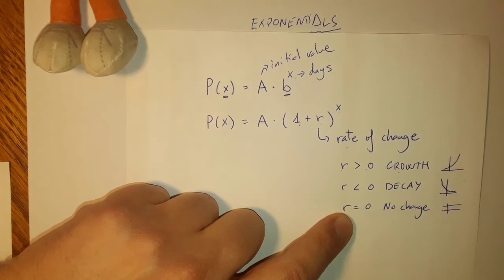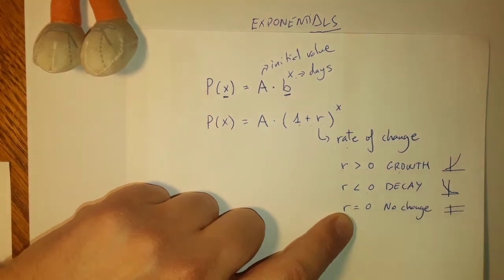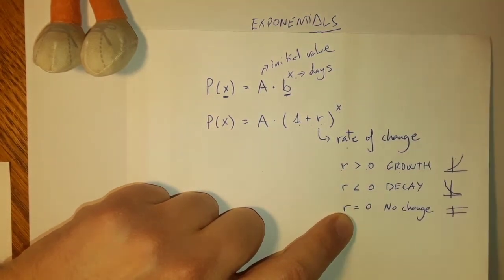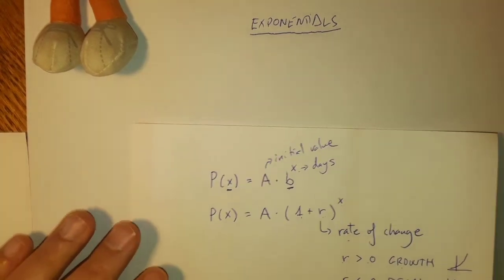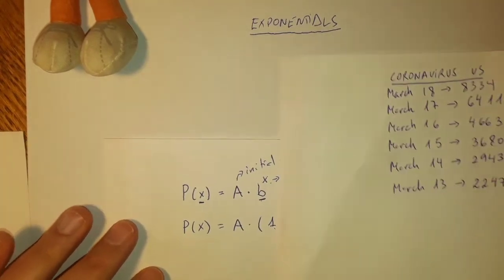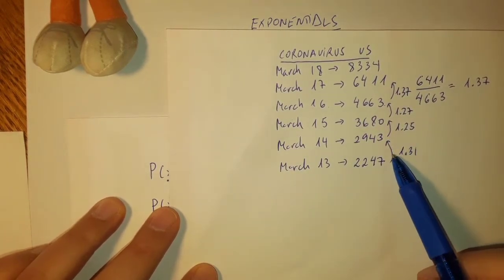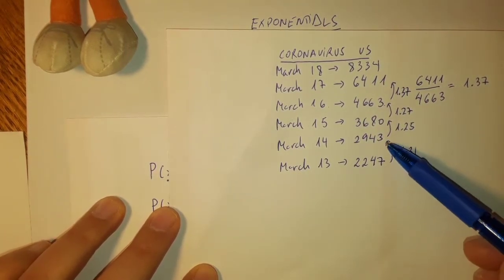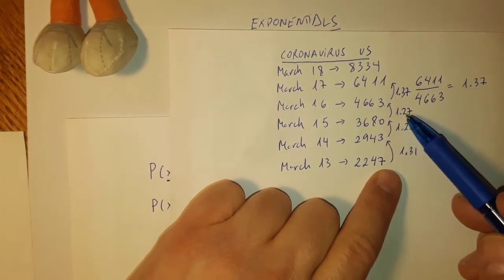So knowing this, knowing how this works, we're gonna apply all this to what we have right now, this coronavirus situation. Okay, so let's try it. As we said before, it's just increasing every time by times 1.3.